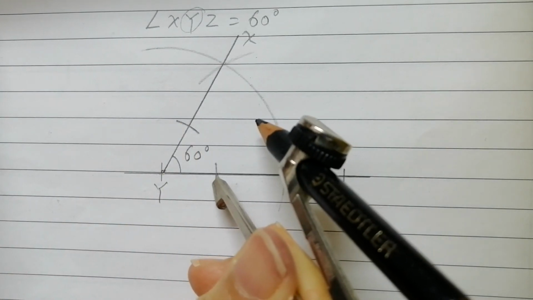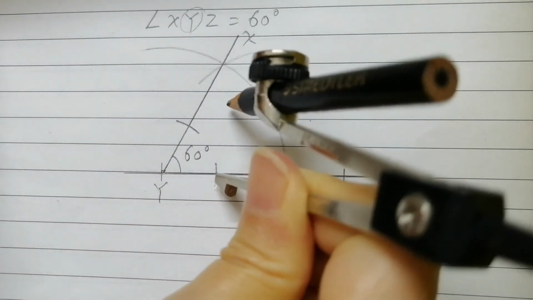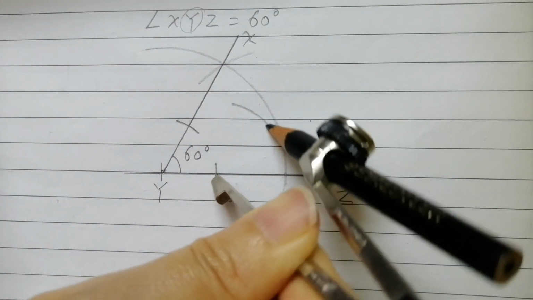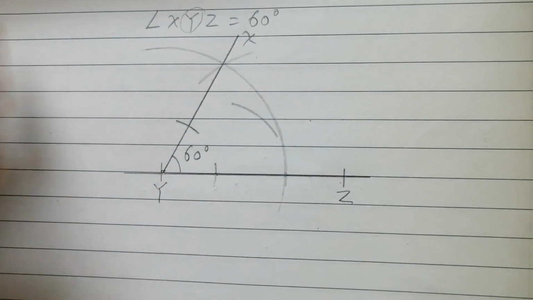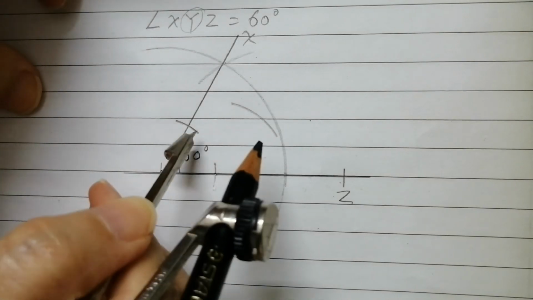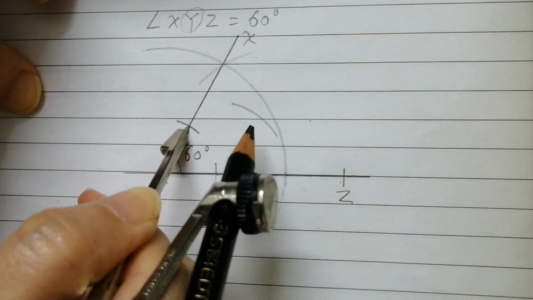So from the right hand side I will draw an arc here, and from the left hand side I will draw another arc here.